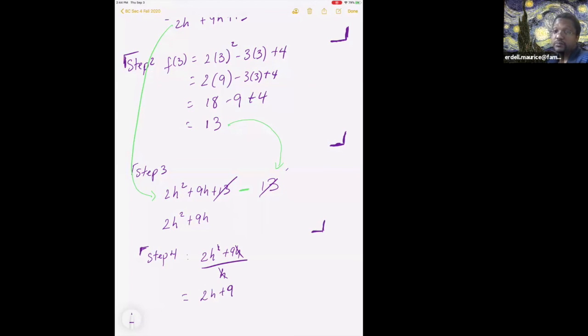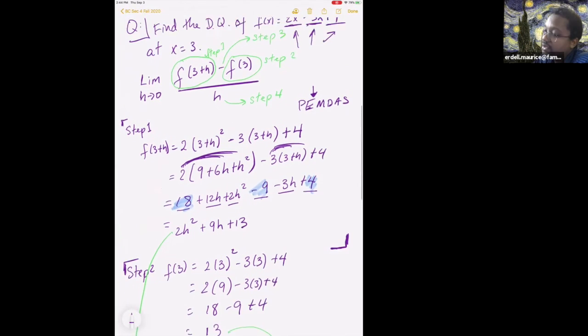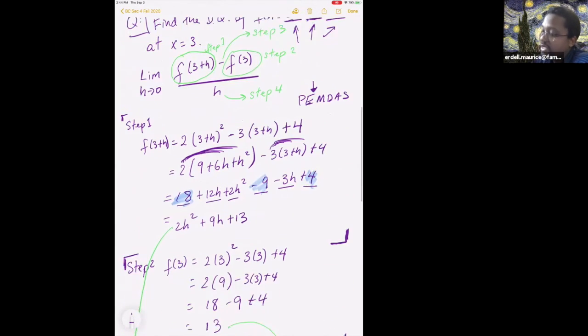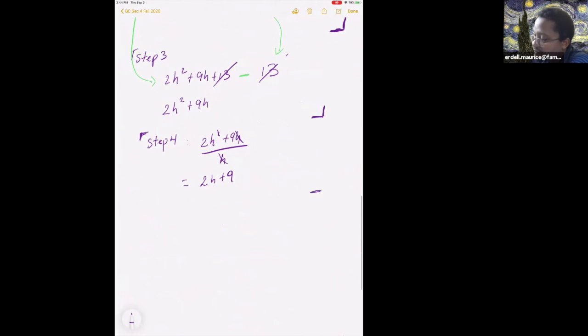So remember, this whole process was to simplify. It's a difference quotient, and so we're trying to simplify. This huge, large expression after the end of step number 4 simplifies to the limit as h goes to 0 of 2h plus 9.